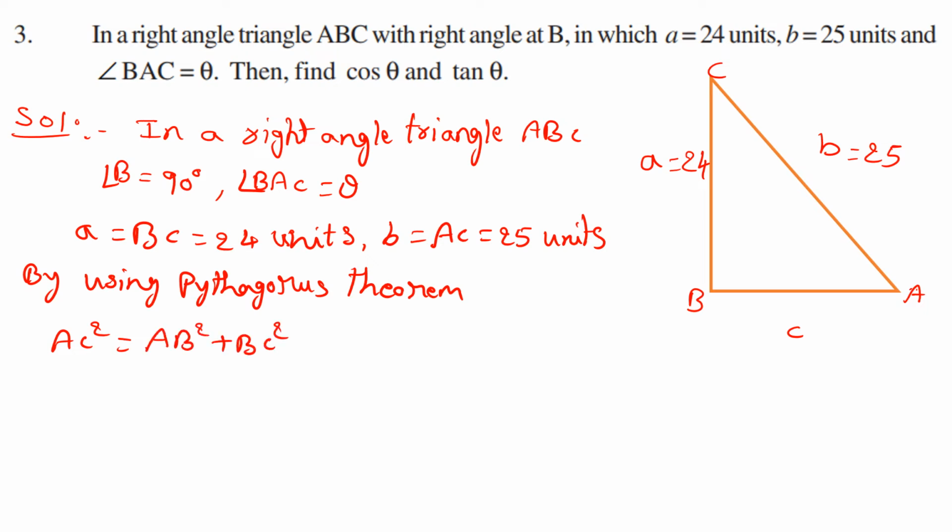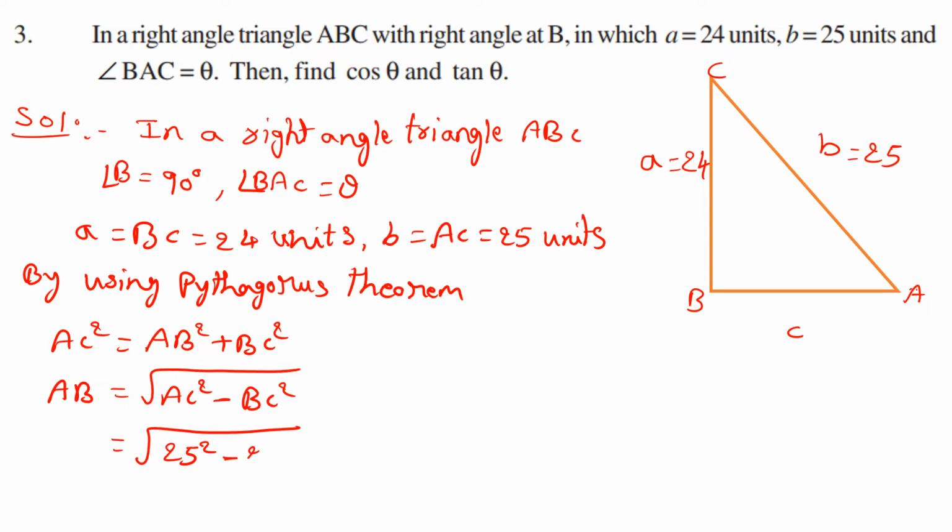Since we need AB, AB equals root of AC square minus BC square, which equals root of 25 square minus 24 square. That is root of 625 minus 576, which is root of 49. So AB equals 7 centimeters.